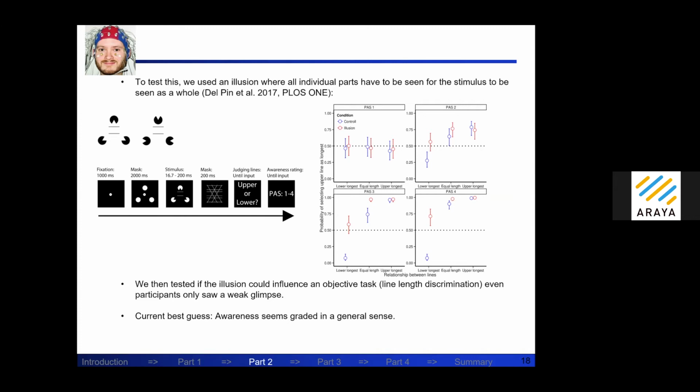Okay. So the y-axis is the length, or? The y-axis is the probability that the participant says the top line is the longest. Right. The x-axis is the physical length. Right, physical length.